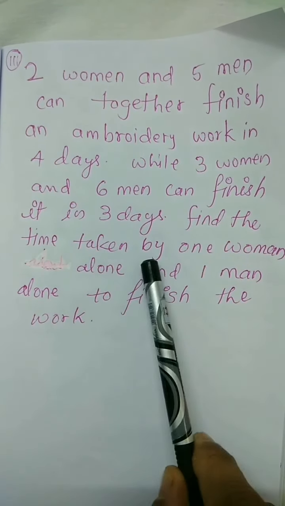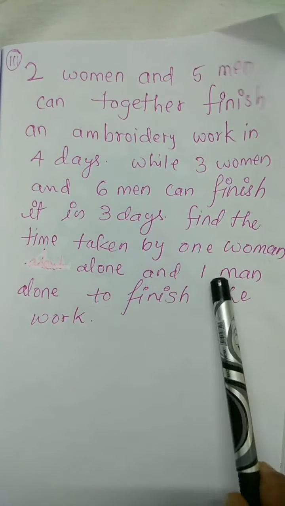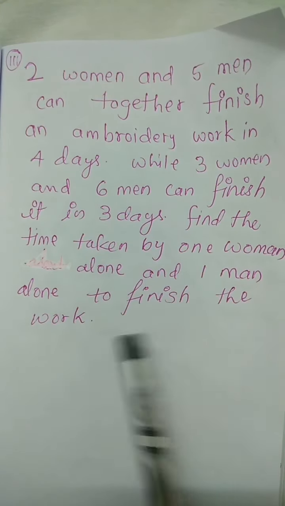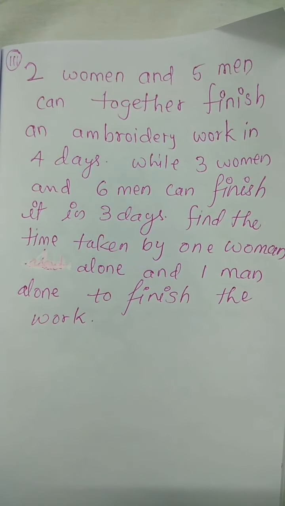Find the time taken by 1 woman alone and 1 man alone to finish the work. There is an embroidery work, and some men and women are doing that work together. Okay. Now, 2 women and 5 men can together finish an embroidery work in 4 days.